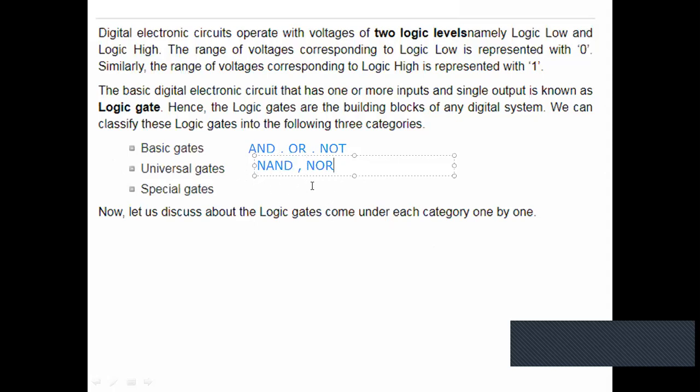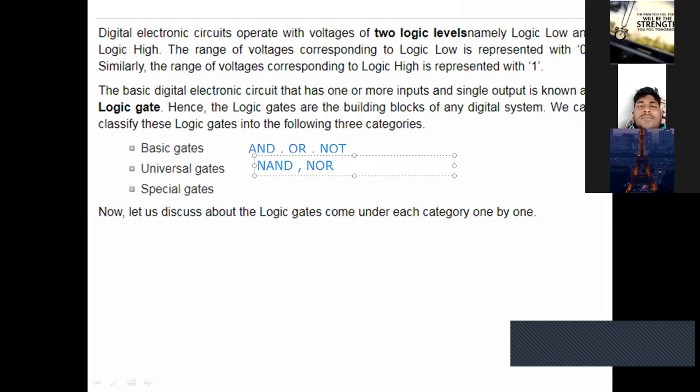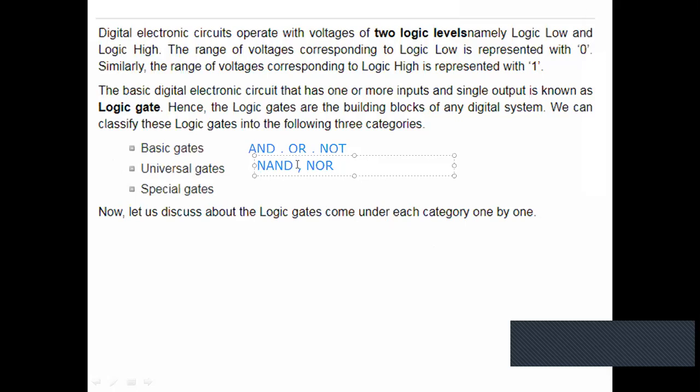Because by using these two gates, we can design any logic gate or any digital circuit. That's why these two gates are called universal gates.